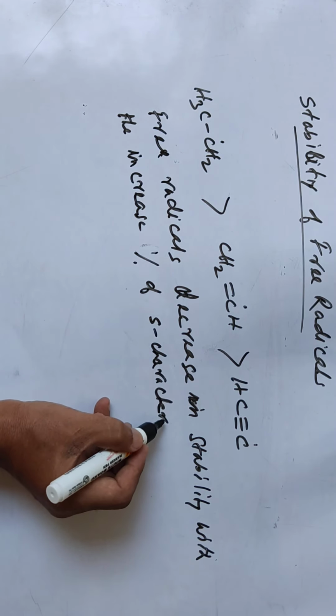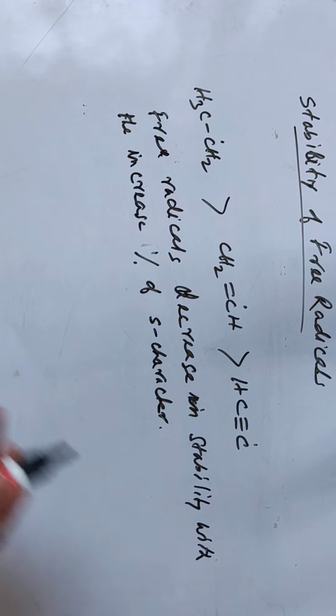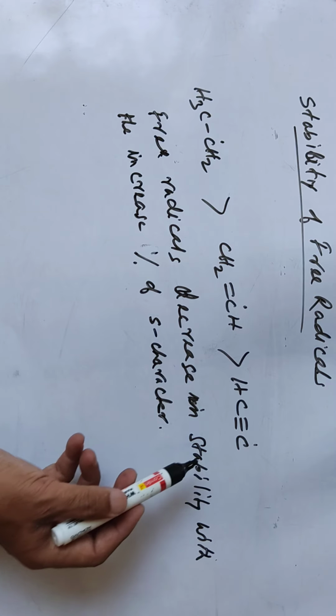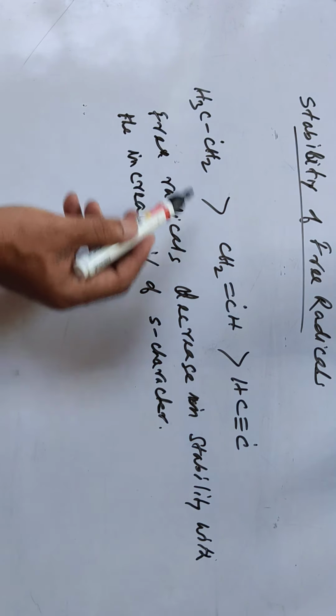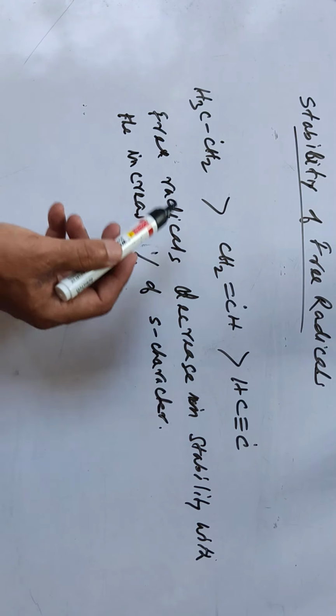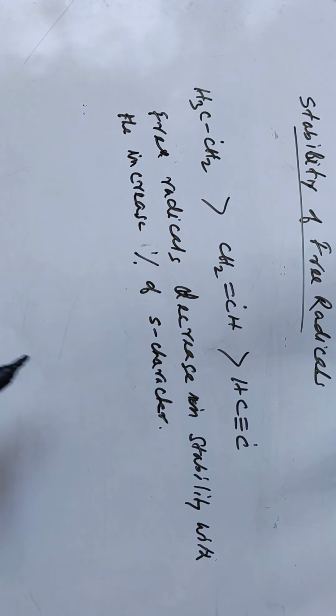So free radicals decrease in stability with increase in percentage of S character. So here the percentage of S character is increasing, but stability decreases. Okay. So this is one factor in the destabilization of the free radicals.